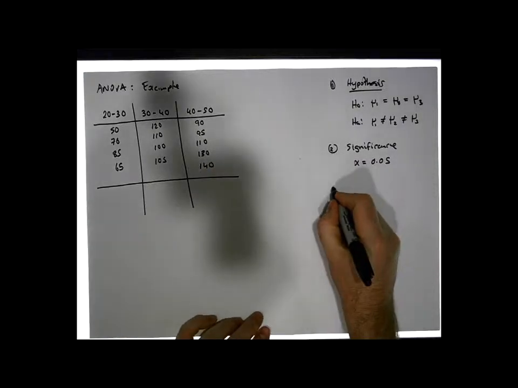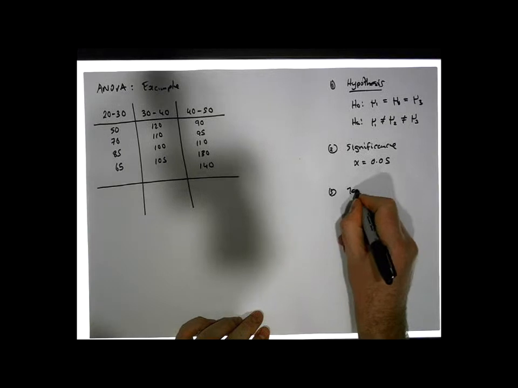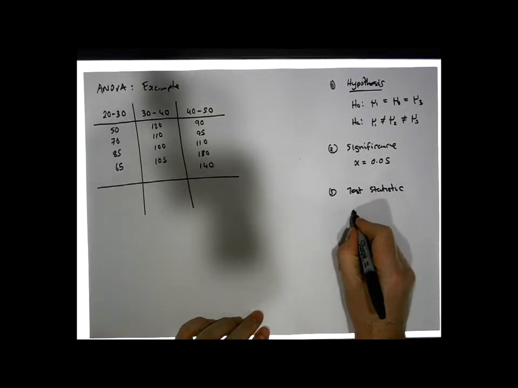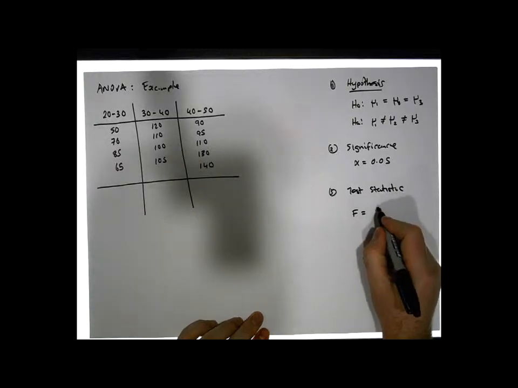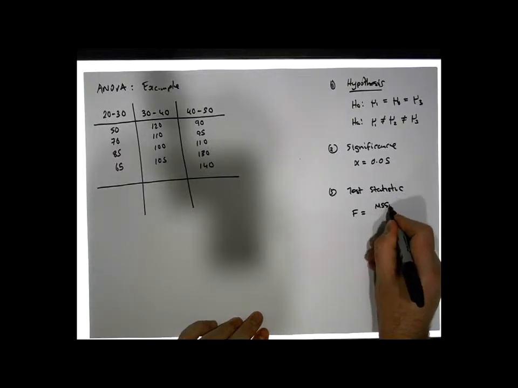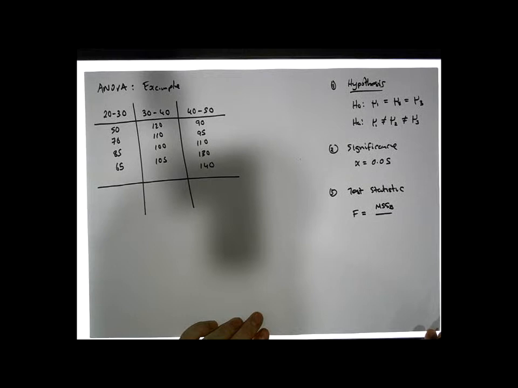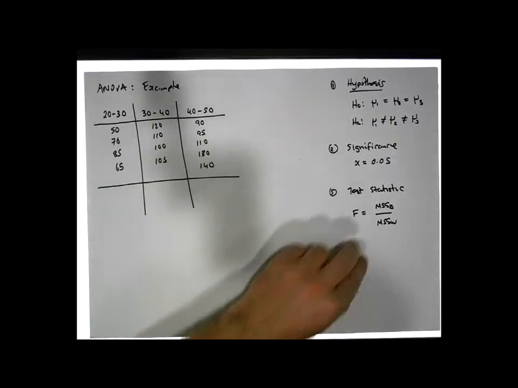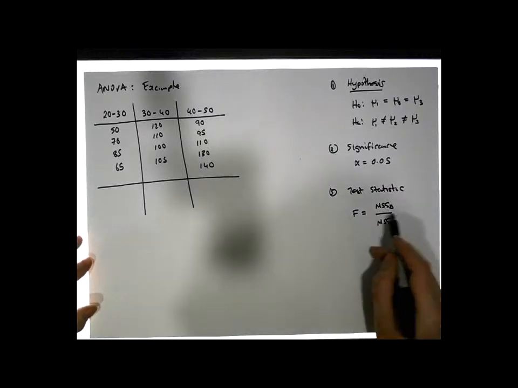But now step 3 in our process is to calculate the test statistic. And the test statistic in this case is an F statistic, which, as I said earlier on, is two measures. It's a mean sum of squares between measure divided by a mean sum of squares within measure. I'm just going to write these down separately.